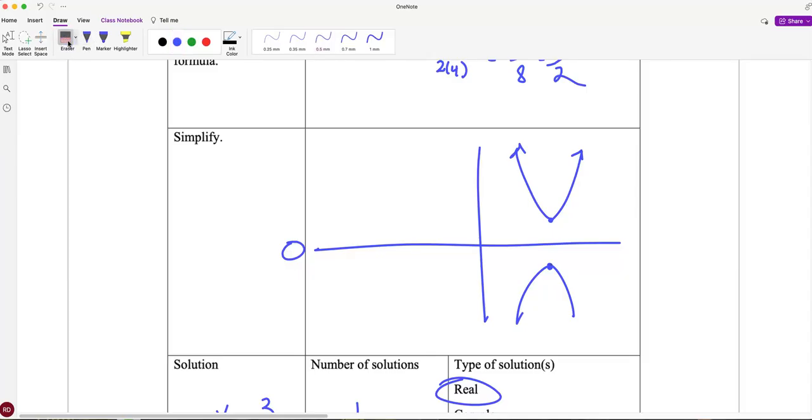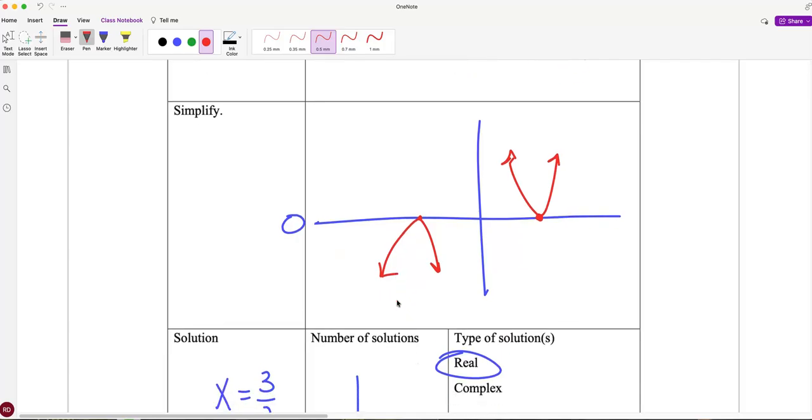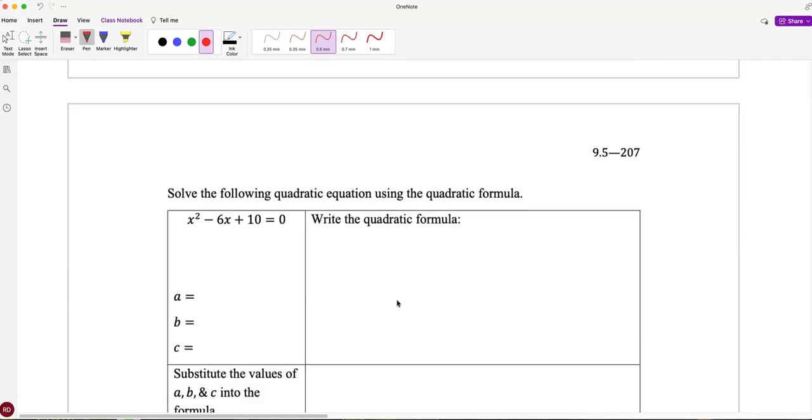This one only has one solution. How can I have one solution? The only way to have one solution is if the vertex is right there, or if the vertex is like that. So when the b squared minus 4ac was 0, I only got one answer, which means when I set it equal to 0, I'm finding the vertex.